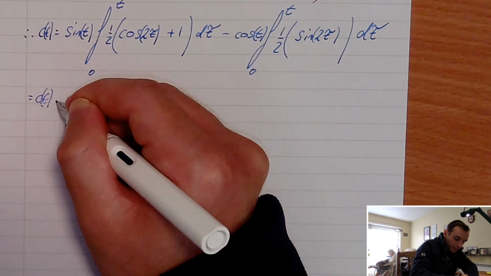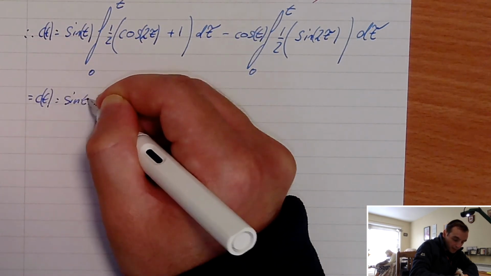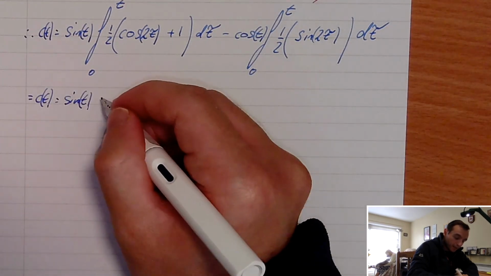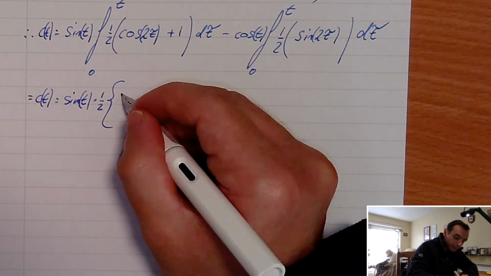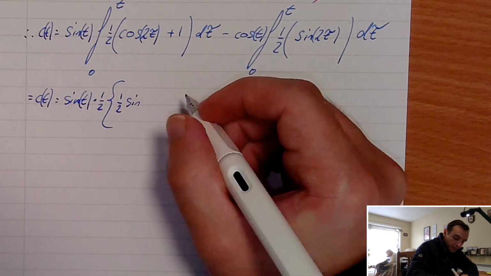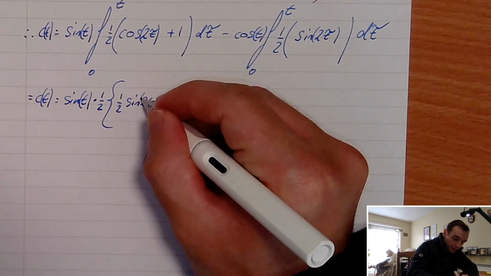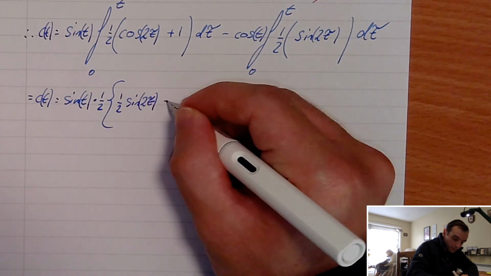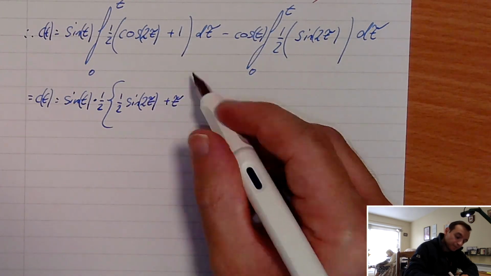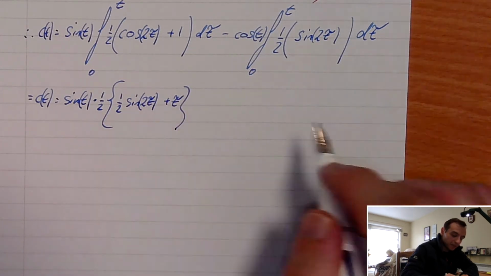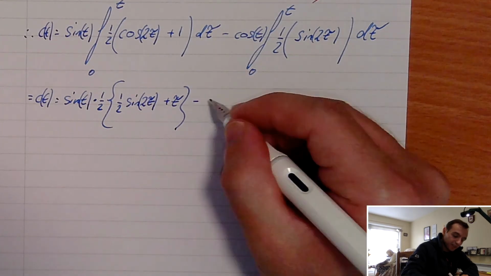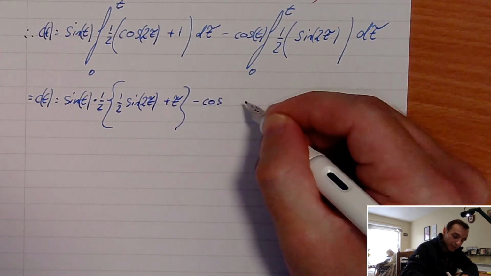So we can now say that the convolution function is going to be sine t dot a half of 1/2 sine 2 tau plus tau. It's always important to be very, very careful when doing this, because this is usually a good area that goes wrong if you're not really concentrating.